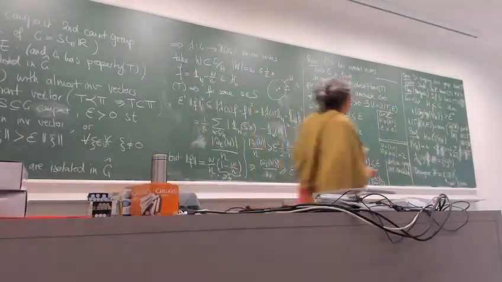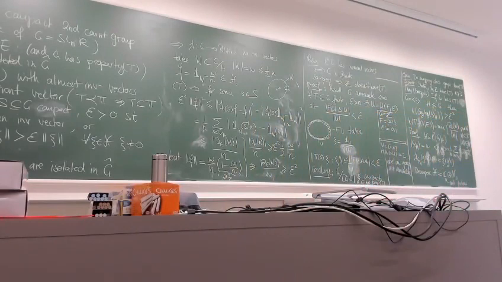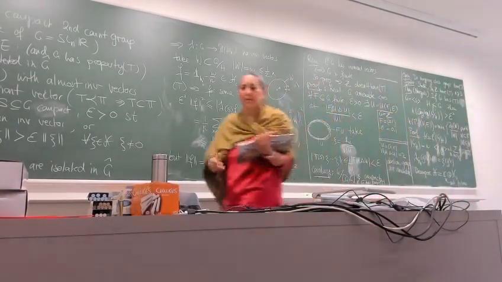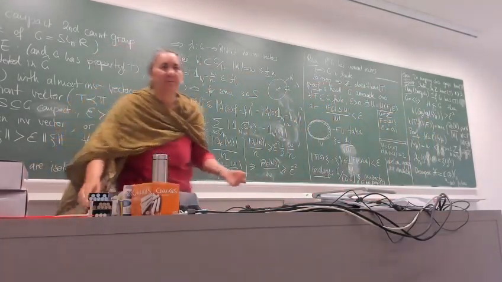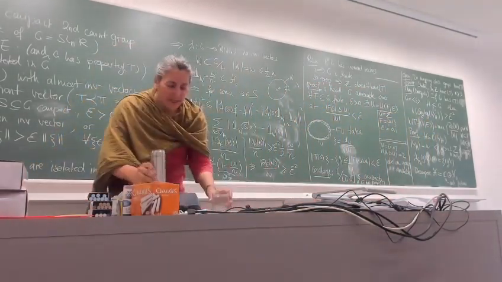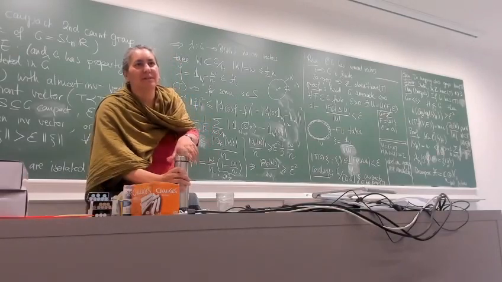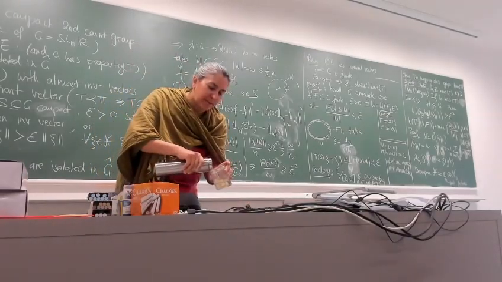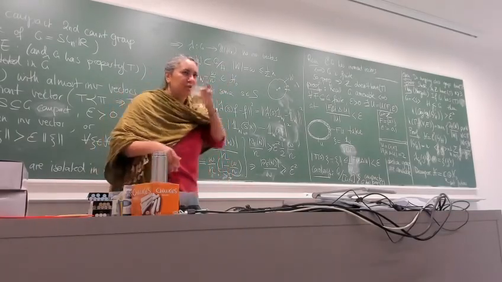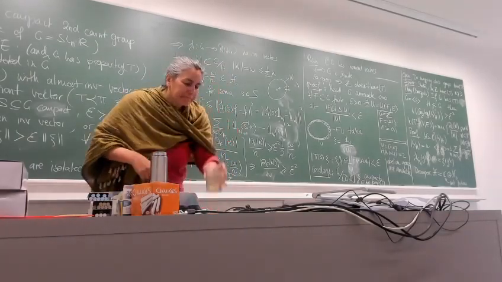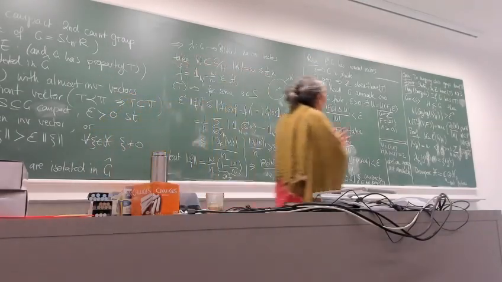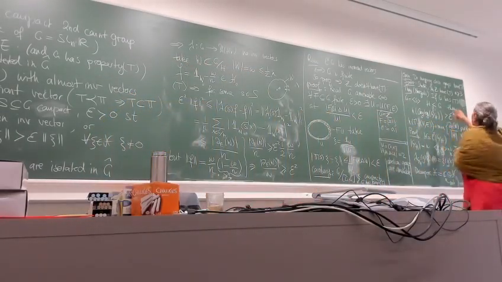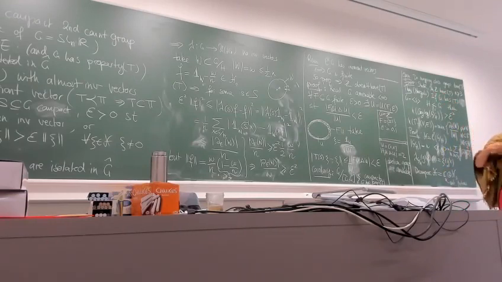All right, so that's how you get expanders from a property T group. Because then, if you want an infinite collection of expanders, you have to know that SL_n of Z has enough finite index subgroups.